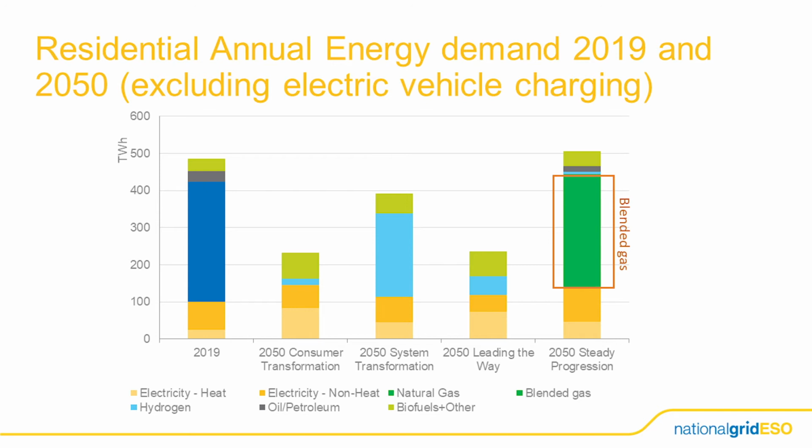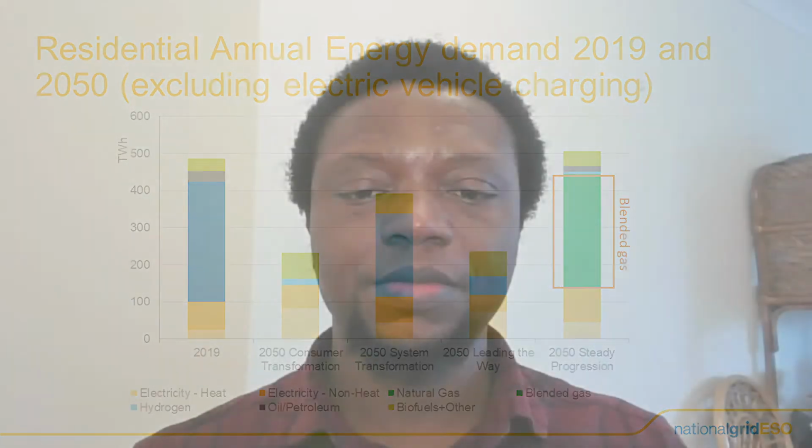And finally, there's an increase in the other category, the light green segment in the top of the bars. And this is due mainly to heating technologies which include things like biofuels, energy from waste, and waste heat. A significant portion of current off-grid heating will be served by these heating sources.